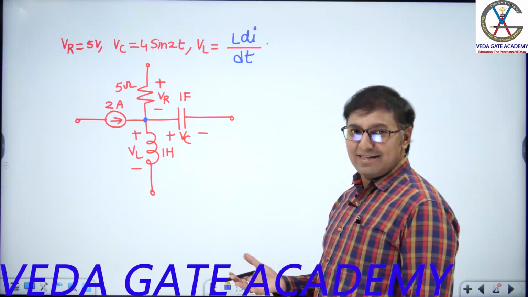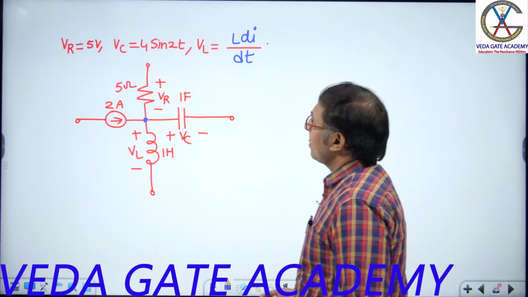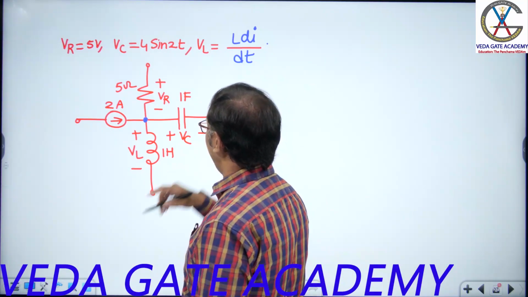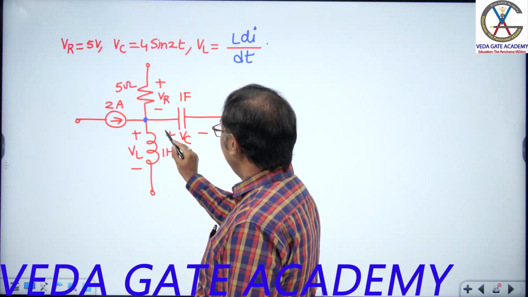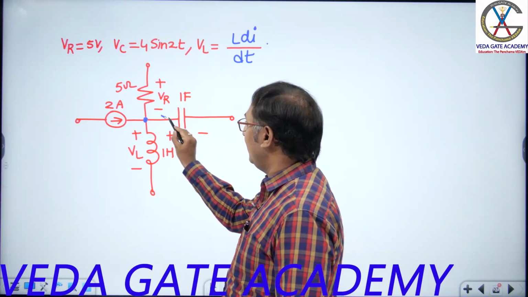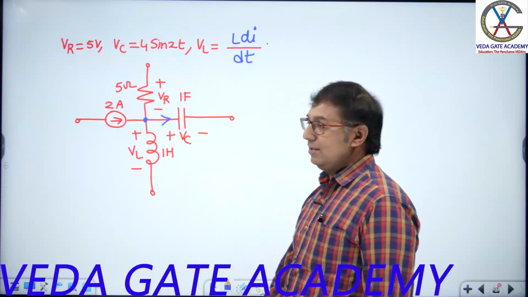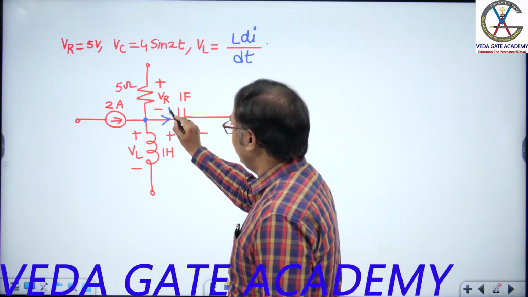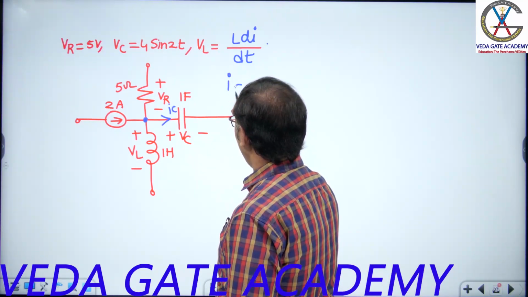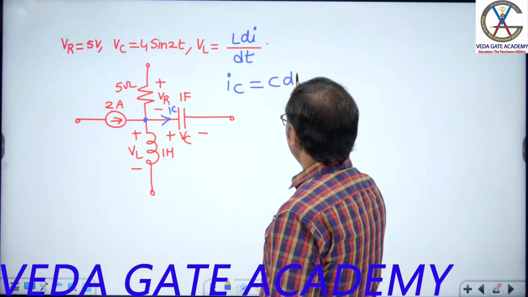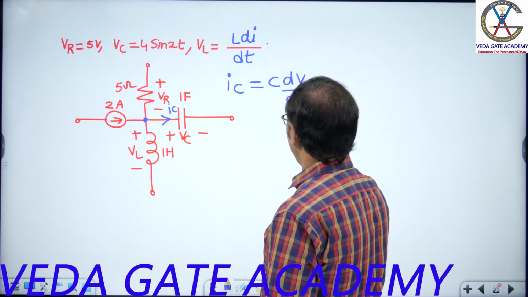KCL in AC analysis, I can say like this. VC value is given as 4 sin 2t. Polarities confirm the current is flowing in this direction. What is this IC? IC equals C dV by dt.